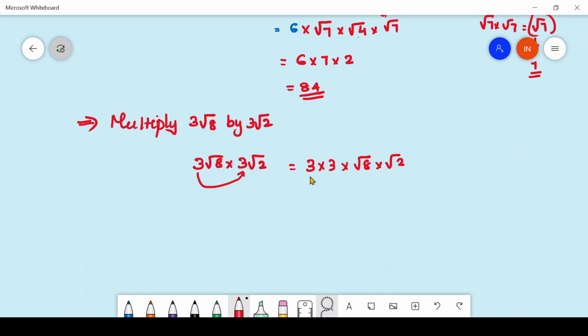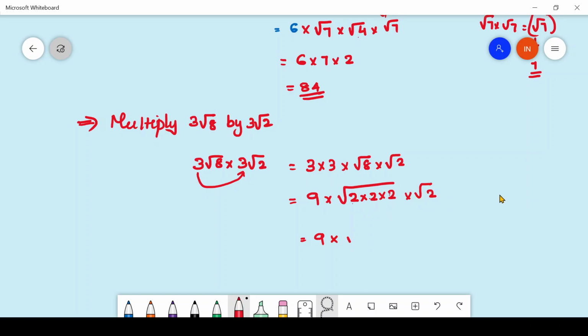So how can we split 8? Can we split it as 3 into 3 is 9 into root of 2 into 2, 4 2s are 8, right? Again a root 2. So this is of the form 9 into root 2 into root 2 into root 2 into root 2, that is 4.